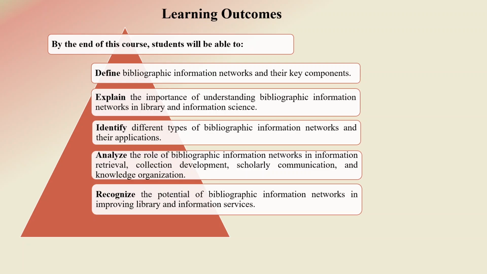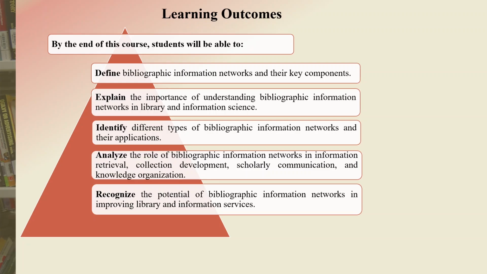You should be able to analyze the role of bibliographical information networks in information retrieval, collection development, scholarly communication, and knowledge organization, and recognize their potential in improving library and information services. So you can see that learners of different strata will get a positive outcome.